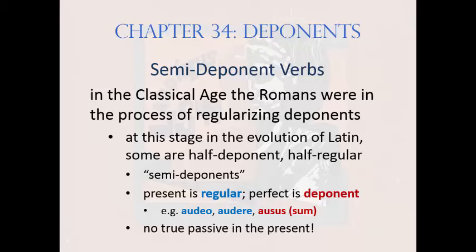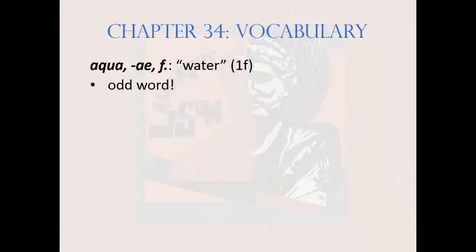Nunc sequimini, o discipuli cari, ad verba nova, the vocabulary for chapter 34. The first word of which is aqua, aquae, feminine, meaning water. It's a first declension feminine noun, and an odd word. The only known Indo-European cognate is found in Gothic, awa, meaning river.